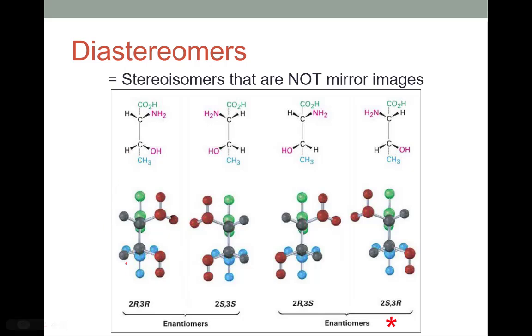So we can have an orientation where we have the 2R, 3R setup. Okay, this is not tartaric acid. I should maybe say that. This is a different molecule. Tartaric acid would have had an OH group here as well. Actually, it would have had a couple of changes: an OH here, and another acid group here. Anyway, this is not tartaric acid.